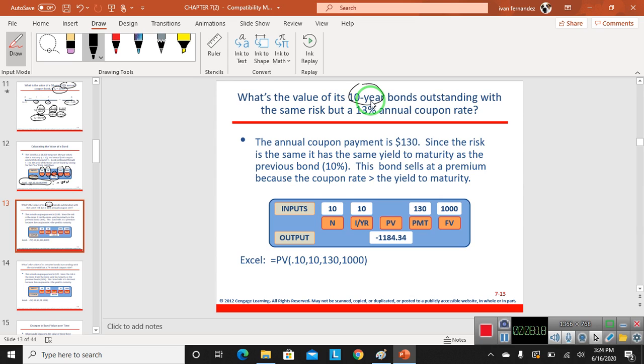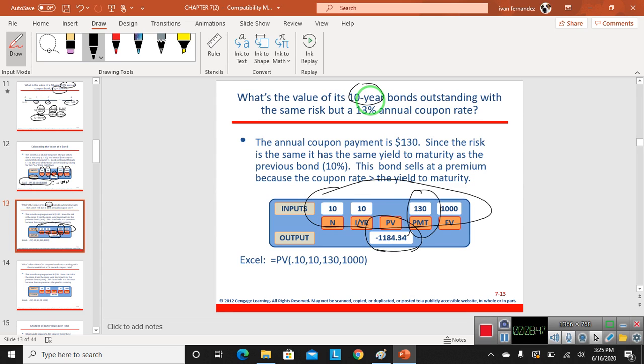So those are going to be your payments. So we're going to enter in the calculator the exact same amounts, except now the payments are 130. Okay. When you compute that, you're going to find that the present value is now 1,184 with 34 cents.